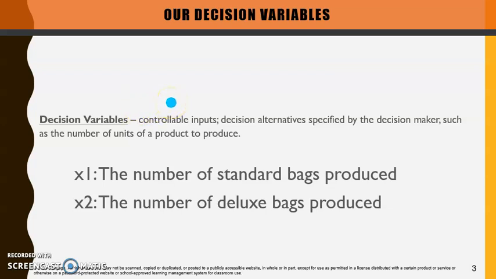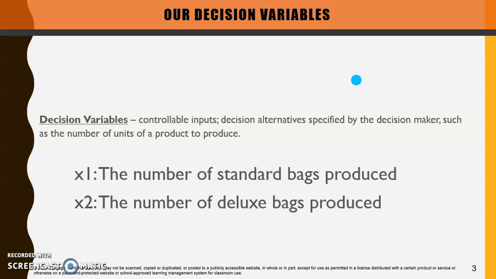It is something that you need to decide upon. It is not something that you cannot do anything upon. Another thing is that it is specified by the decision maker, such as the number of units of a product to produce. So again, review the problem that we are discussing.